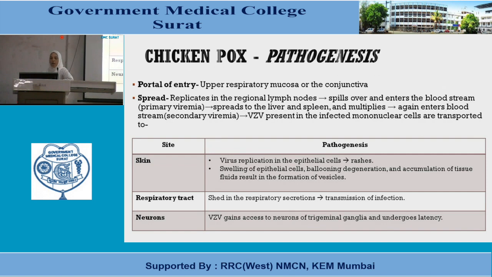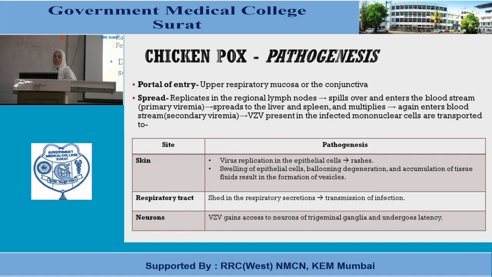As a result, they form vesicles. So either rash or vesicles are formed in the skin. In the respiratory tract, they are shed in respiratory secretions, and transmission of infection occurs. And once in the neurons, the varicella zoster virus gains access to neurons of the trigeminal ganglia, and then they undergo latency.